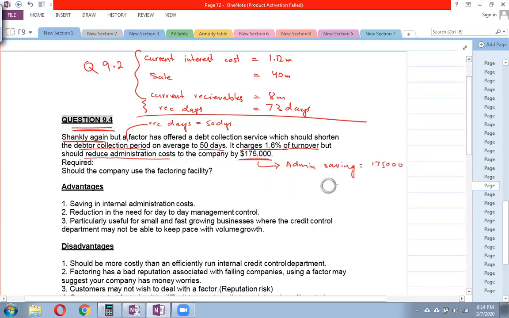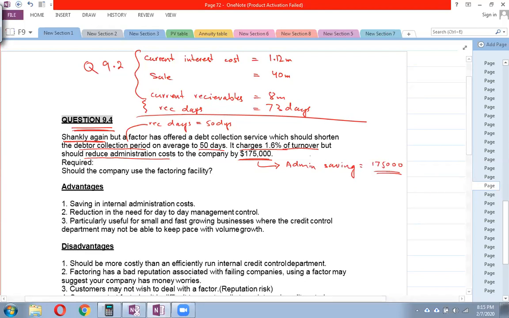If the factor will give us the service, maybe we will not need our own administration department, or we'll need less people in an administration department. So we'll get admin saving, number one. Number two, we'll get interest cost saving, right? But what are the charges? We have to pay 1.6% of the turnover, right?